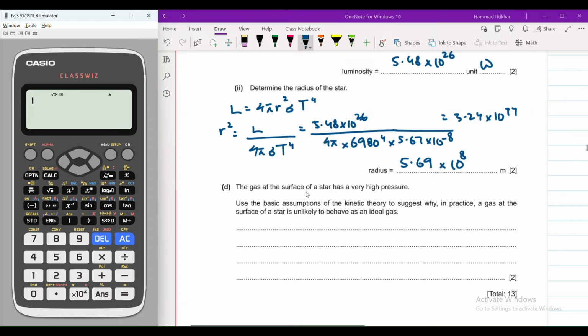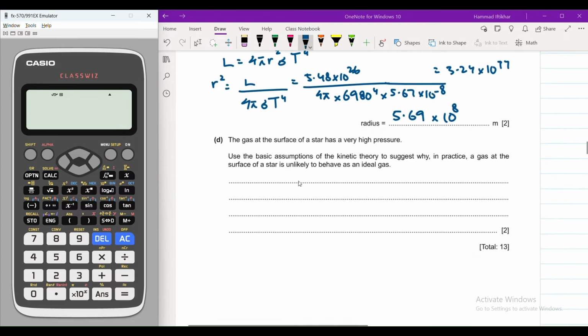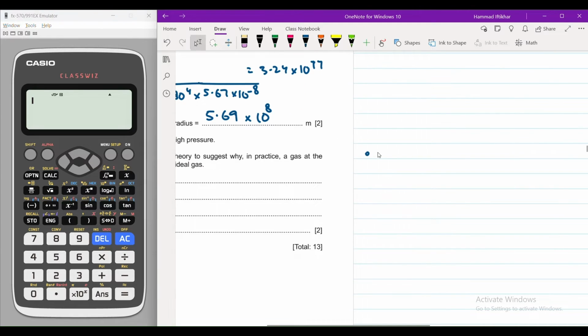The gas at the surface of a star has a very high pressure. Use the basic assumptions of kinetic theory to suggest why, in practice, the gas at the surface of the star is unlikely to behave as an ideal gas. So in the kinetic theory of an ideal gas, we know that the particles are far apart from each other, which basically means low pressure.